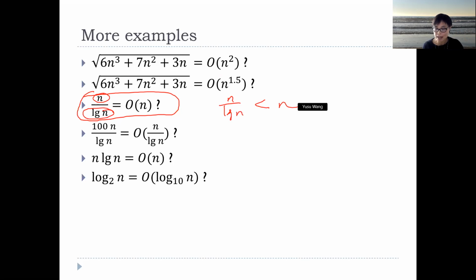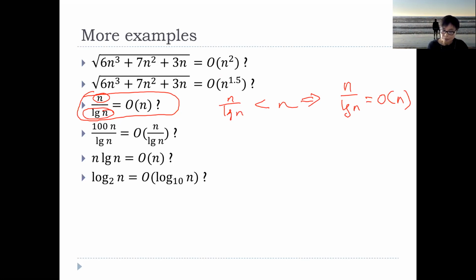That means this is in the big O of n. Again, big O means smaller than or equal to, which means the left-hand side function can be much smaller than the right-hand side function, like in this case.